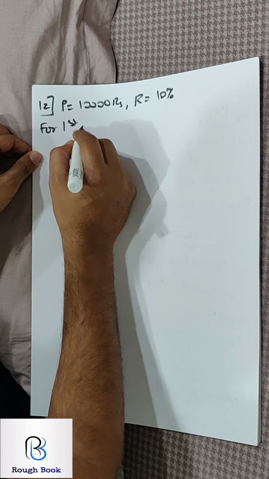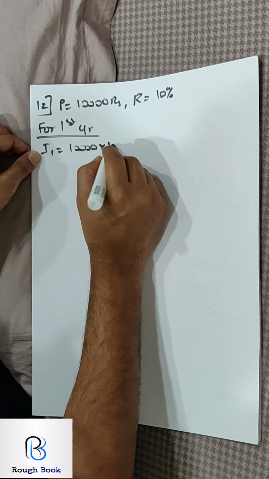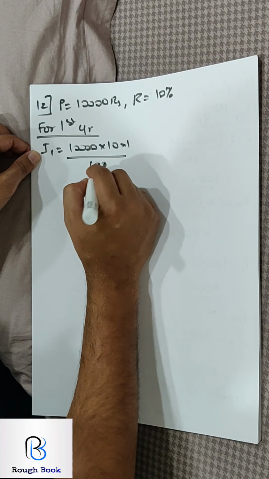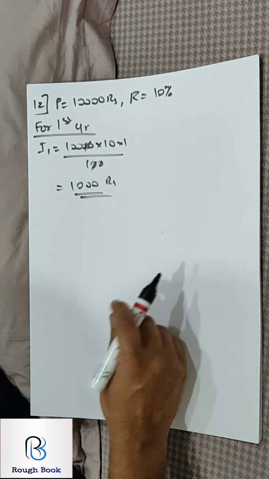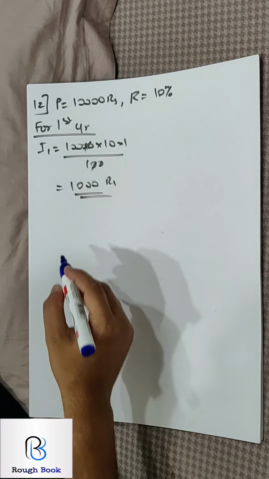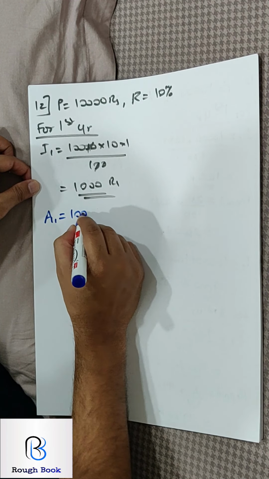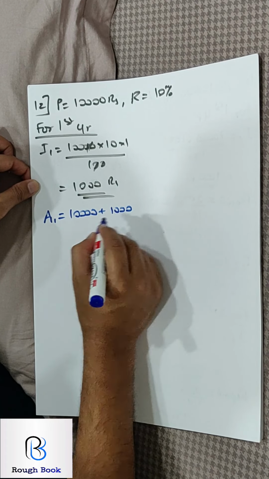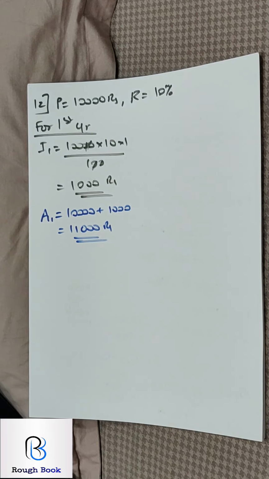So for first year, I1 is 10,000 at 10%. So becomes 1,000. Therefore, amount at the end of this year is going to be 10,000 plus 1,000, 11,000. Now what is the amount being repaid?